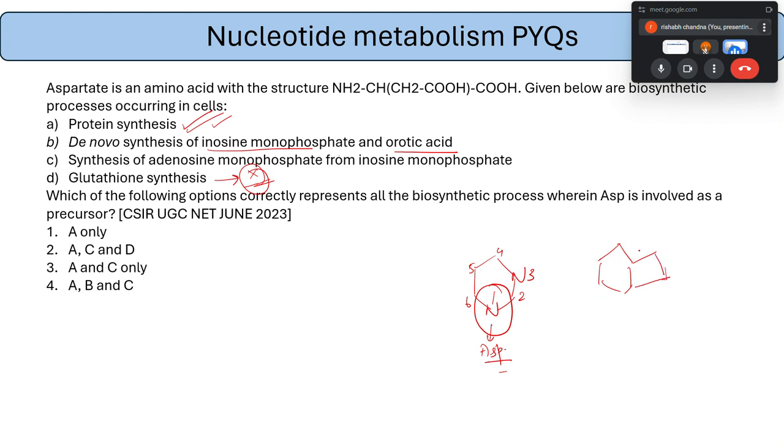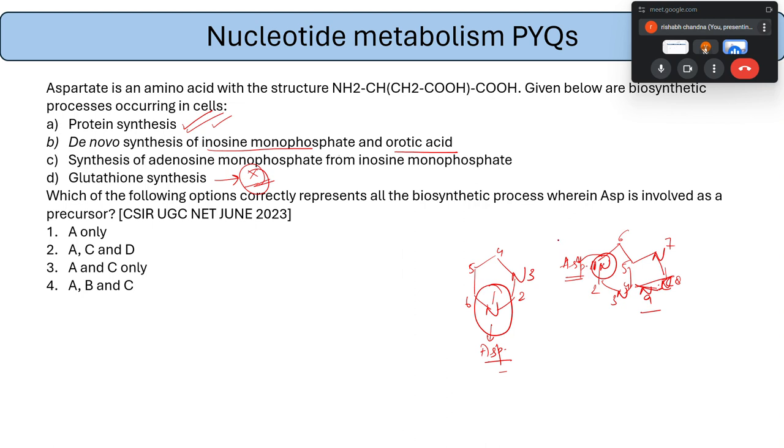And in purines, what happens? This particular N, that is nitrogen, is also provided by the aspartic acid.